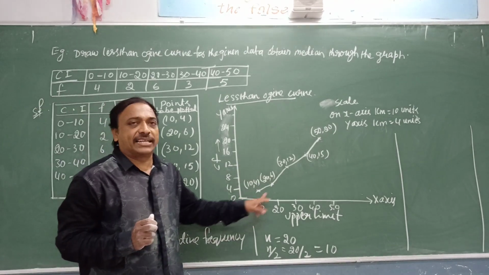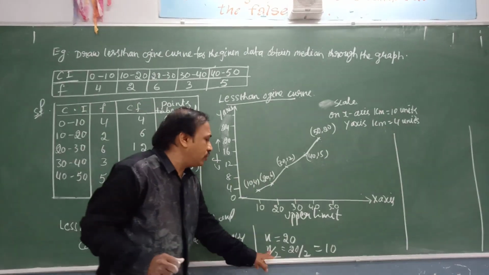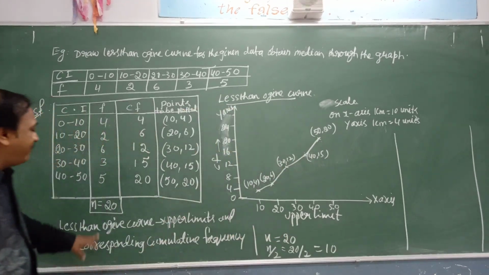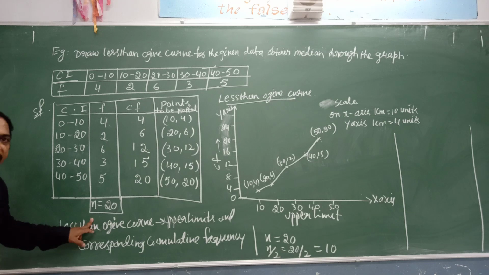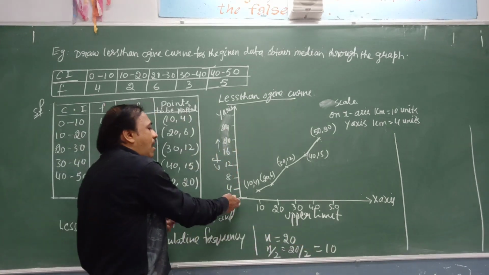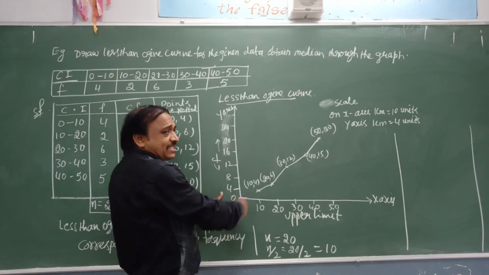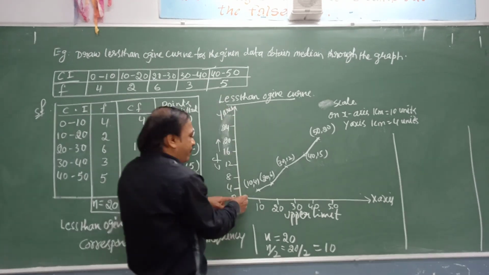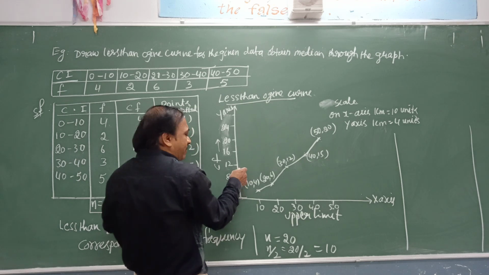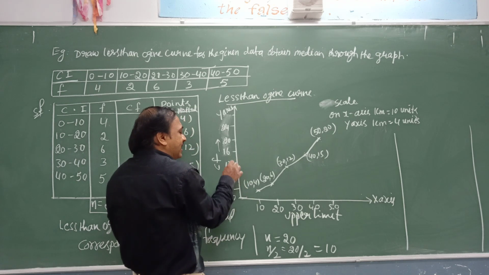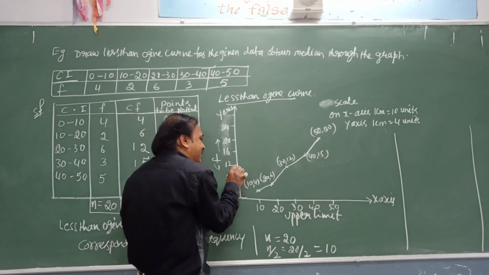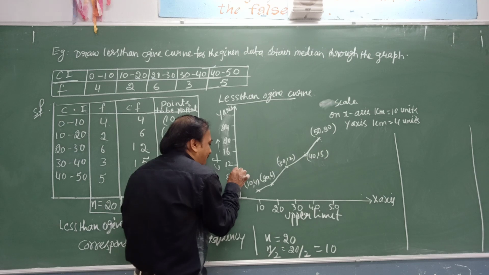After constructing the graph, n by 2, that is 20 by 2, gives you 10, where n is the total frequency. Now on the y-axis, where do you get 10? 10 is between 8 and 12. Here between 8 and 12 you need to identify where it is 10. I am locating the mark 10 here.